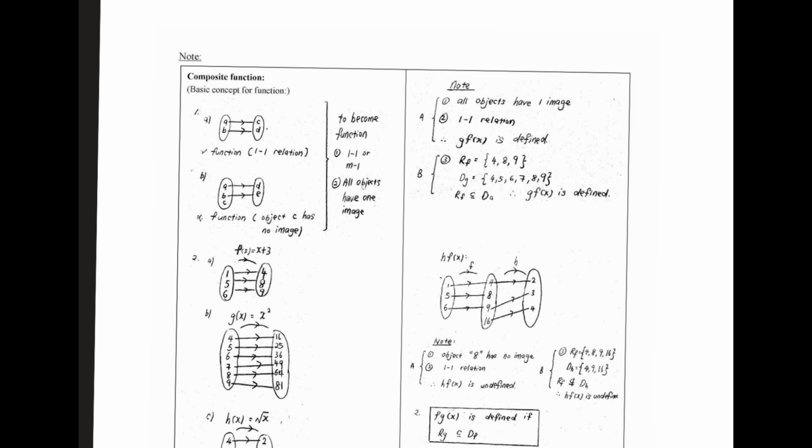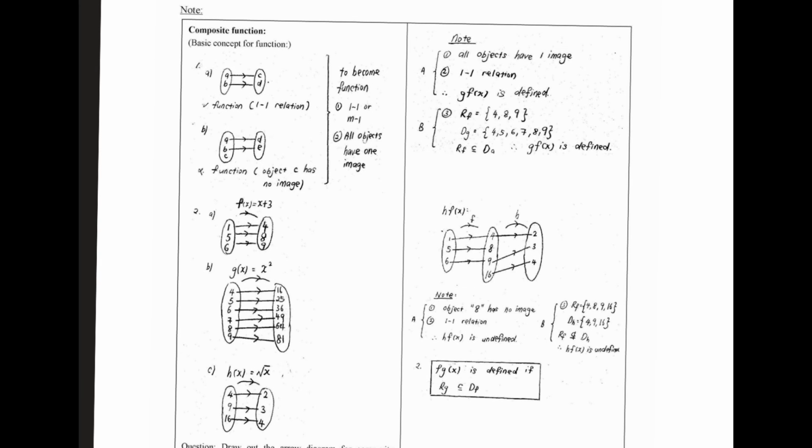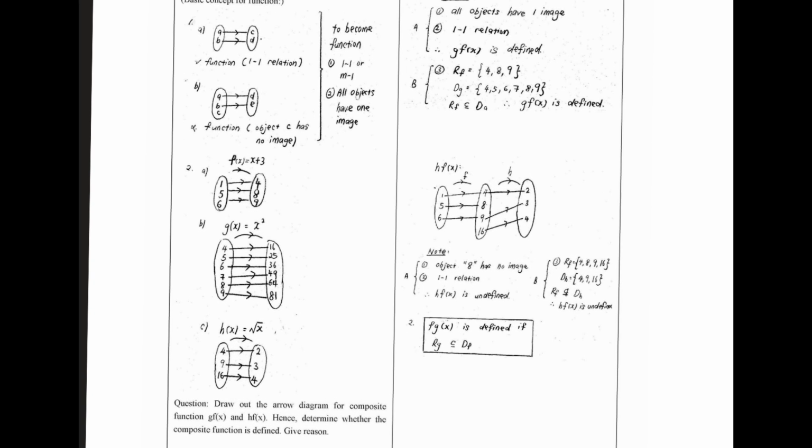Now we look at number 2a. So this is an example of f(x) equal to x plus 3. So what we can see here, the left hand side are the objects. So for example 1, you plus 3, x plus 3, right? So 1 plus 3 you get 4, 5 plus 3 you get 8, 6 plus 3 you get 9. And we look at b now.